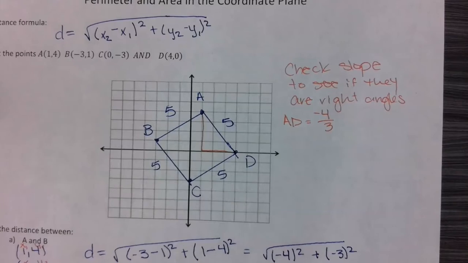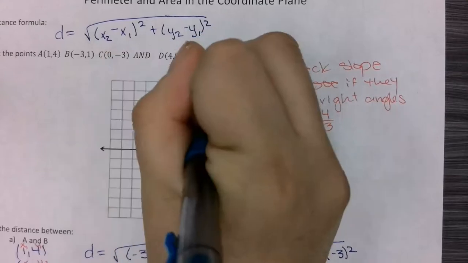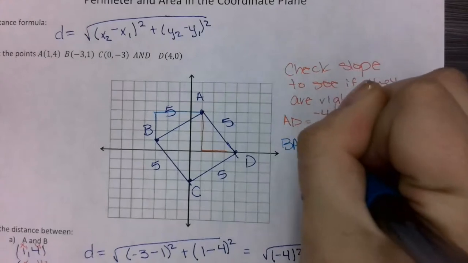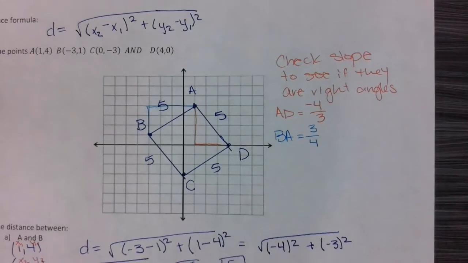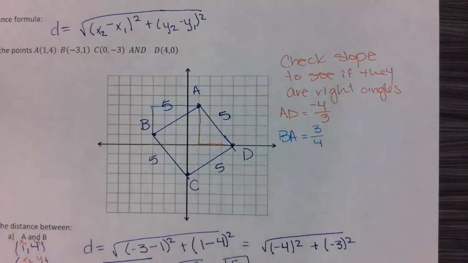BA or CD? BA? I heard BA first. Okay. So how many am I going up and over for BA? So how many did I go up? And I went over 4. So are these opposite reciprocals? Opposite signs and opposite fractions, like the numbers on the top and bottom switch. No, they're opposite reciprocals. Positive and negative, and then the fraction flips. So they are.